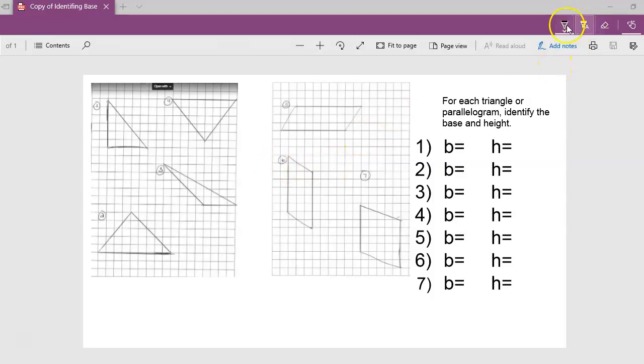Okay. All right. So when I'm identifying my base of a triangle, I can pick any of these 3 sides. However, I'm probably going to want to take the one that is flat right here, because that's going to be the easiest one for me to work with. So when I determine the length of it, I'm not counting the full squares that make up the base, 1, 2, almost 3, maybe 3.5.